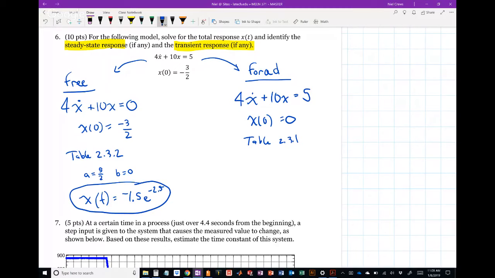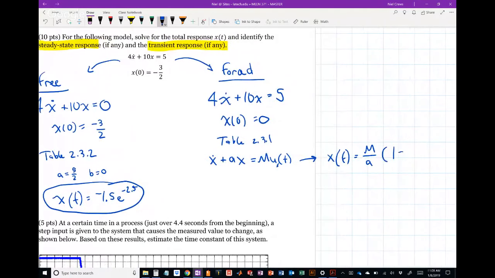It's going to be case 1, and that says that if our differential equation is x dot plus ax equals mu t, that step function there, then the form is x of t equals m over a times 1 minus e to the negative at.